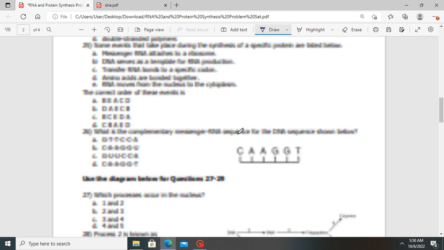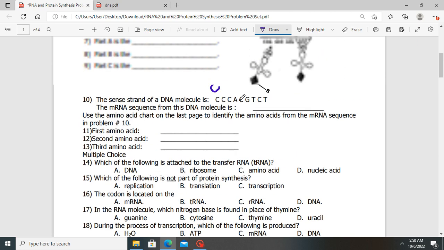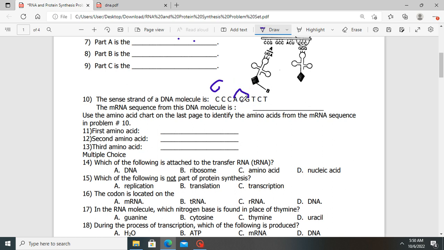We have glycine as the first one, which is GGG. Cysteine is UGC.